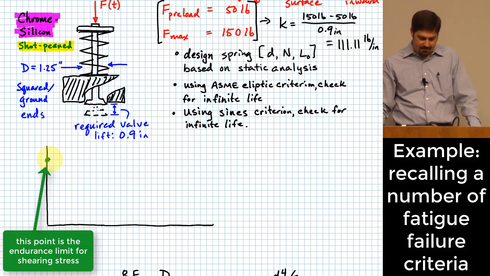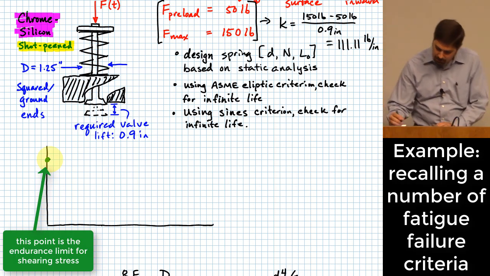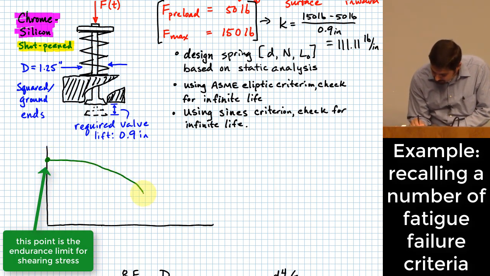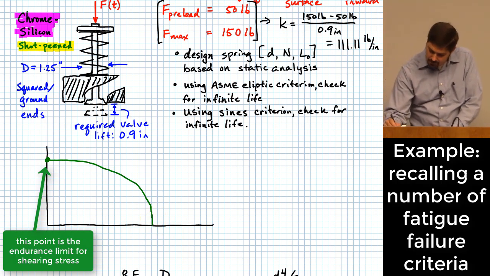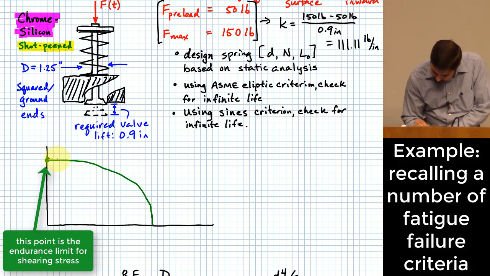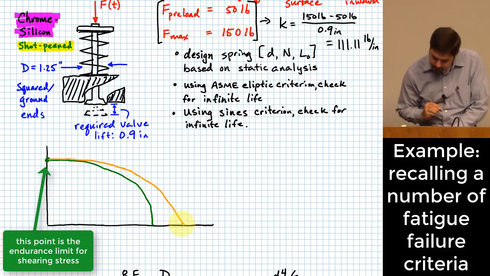What value is that? Okay, so whether we're talking about an ASME elliptic, which is shaped like this, or how's Gerber shaped? Gerber is shaped maybe a little bit more like a parabola, something like that.